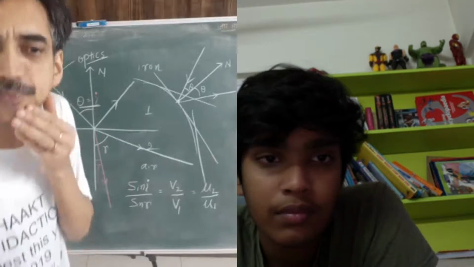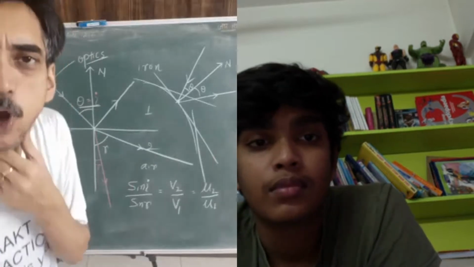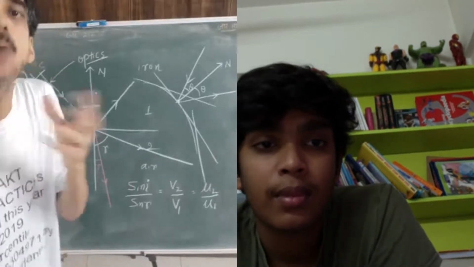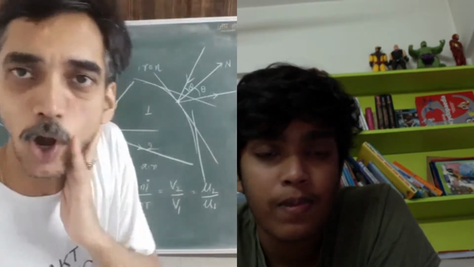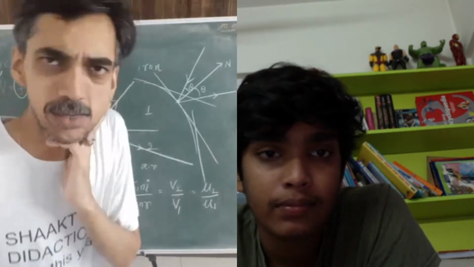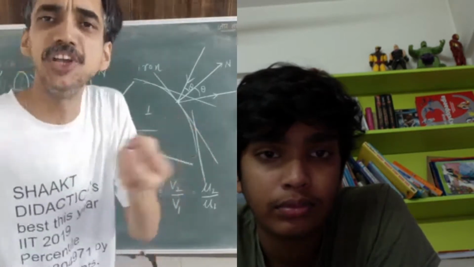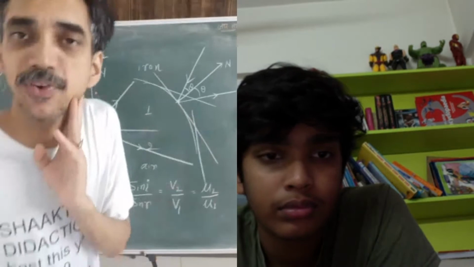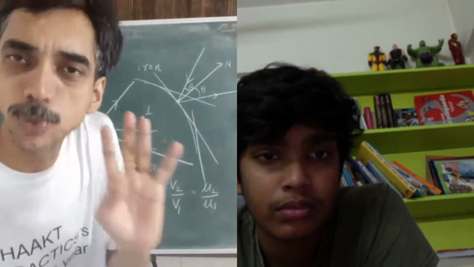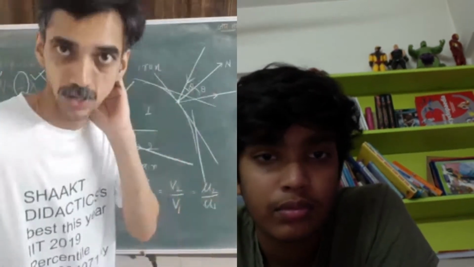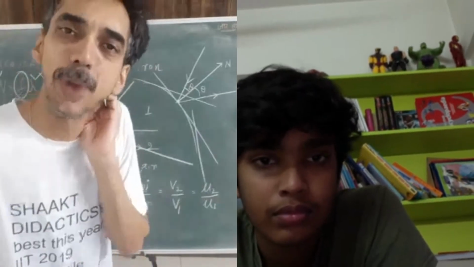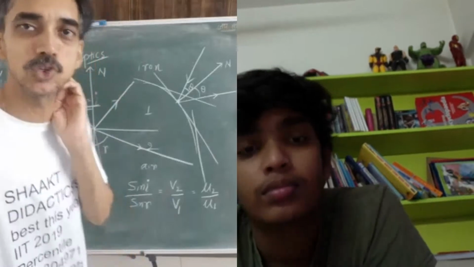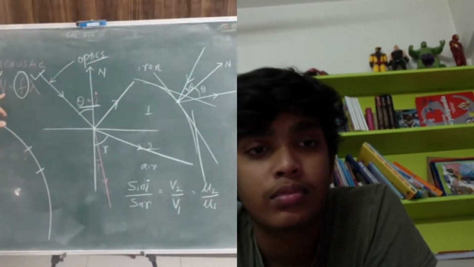See, refractive index is a property of a medium. Then you are at once to ask me, property means what will it depend on? To which I am to say, how did you distinguish between two media over here?